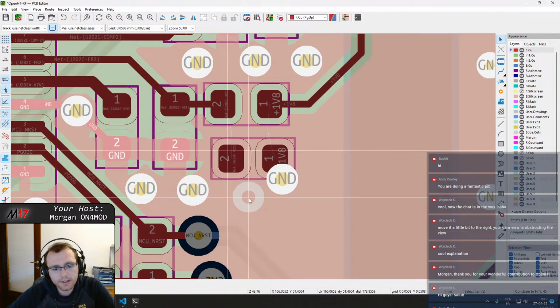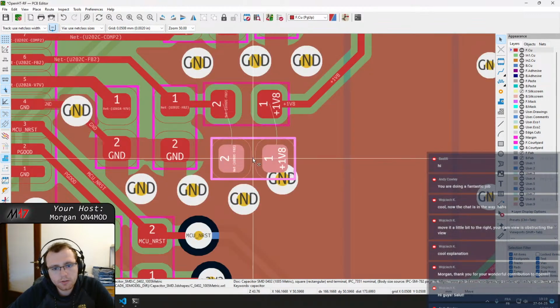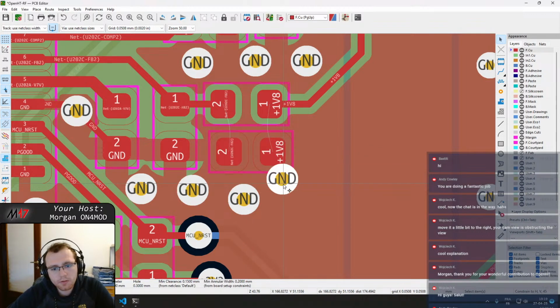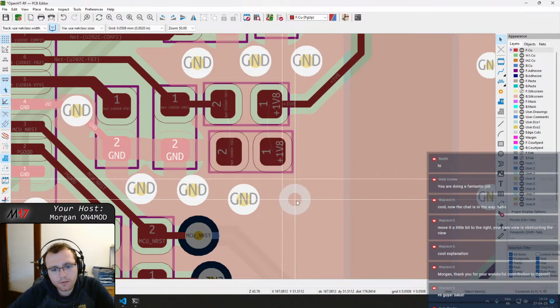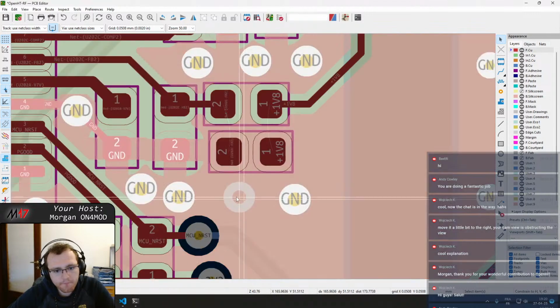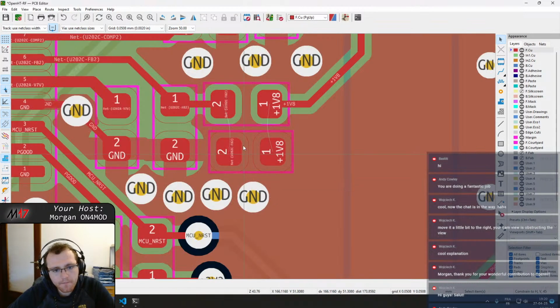We need to move this via. Connect it like this.